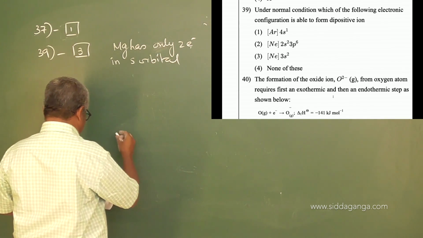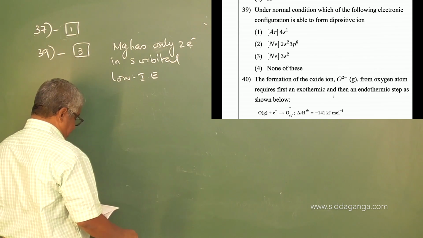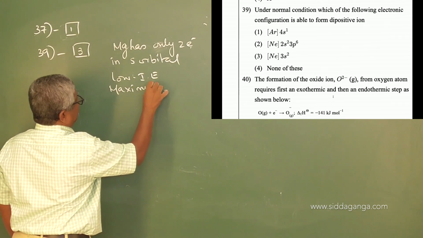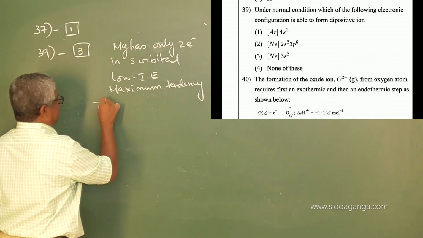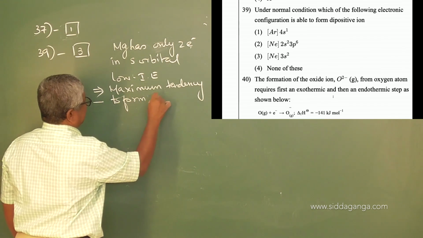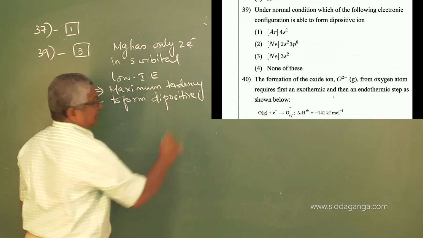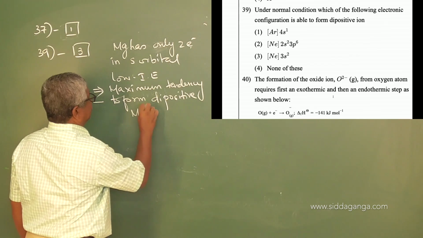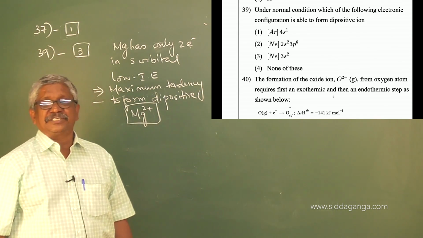So lowest ionization energy, maximum tendency to form dipositive ion. Dipositive means a metal with a loss of 2 electrons, that is magnesium 2 plus. So that is option 3.